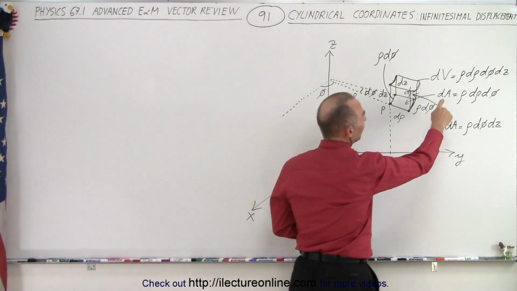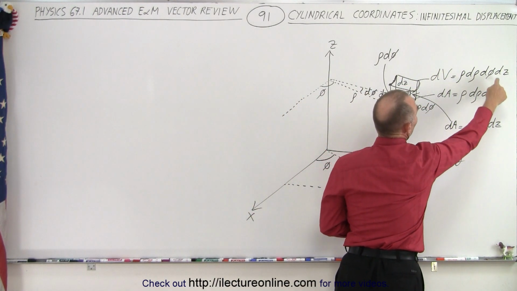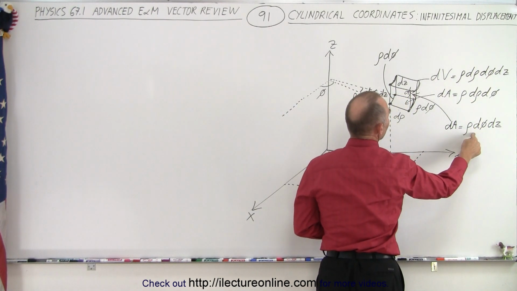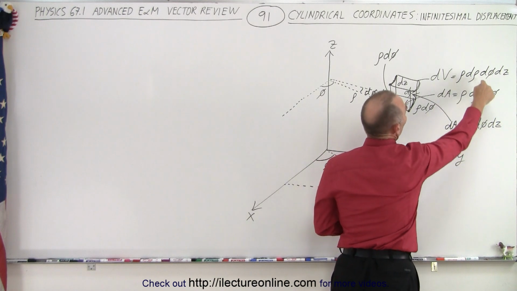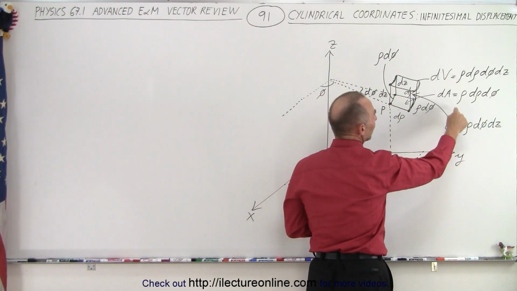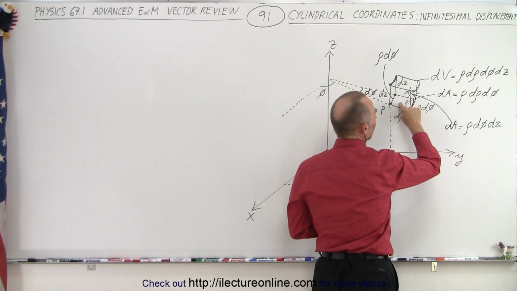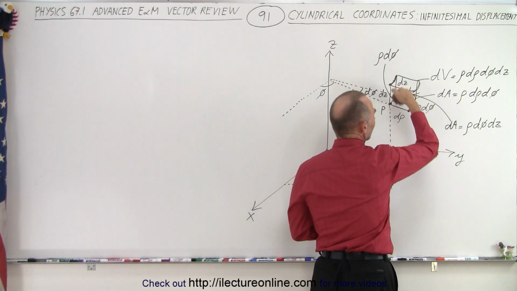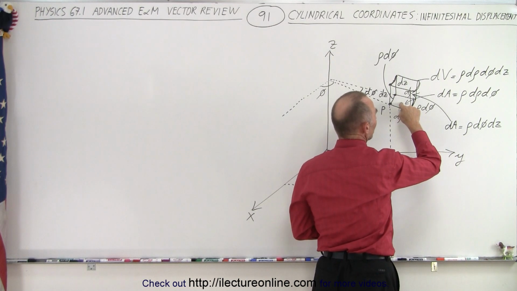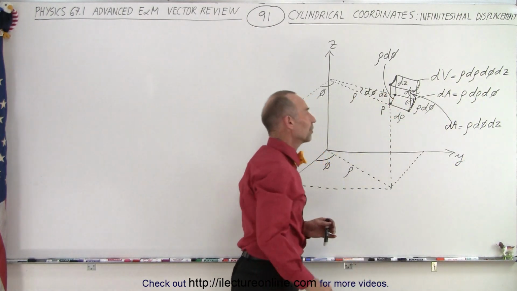Notice if we take this dA and multiply it times dz, we get this. If we take this dA and multiply it times d rho d phi, we get that as well. So either way, we can take the bottom area element or the side area element, multiply times the appropriate infinitesimal displacement, and we get the volume element.